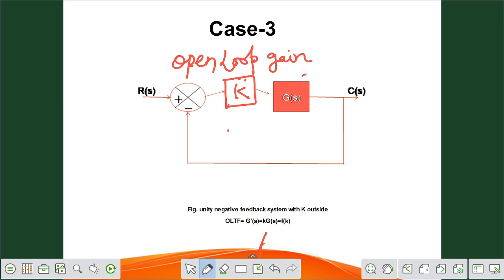Here I am representing K outside of G of S. This K is nothing but the open loop path gain. If I am representing the open loop transfer function here, I can represent it as G dash S. What is G dash S? G dash S is nothing but the open loop transfer function. This open loop transfer function is nothing but K into G of S. What is the difference? I am representing here the K outside of G of S.